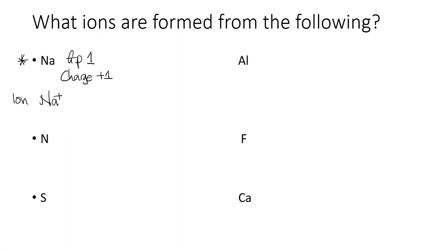What about aluminum? As we saw in the previous slide, aluminum is in group 3 of the periodic table. Therefore, its charge will be plus 3. So if you want to draw the ion, the aluminum ion will be Al3 plus.